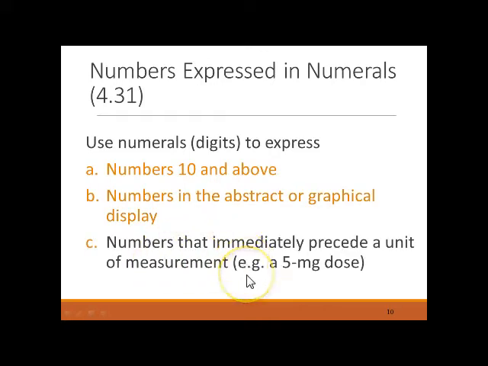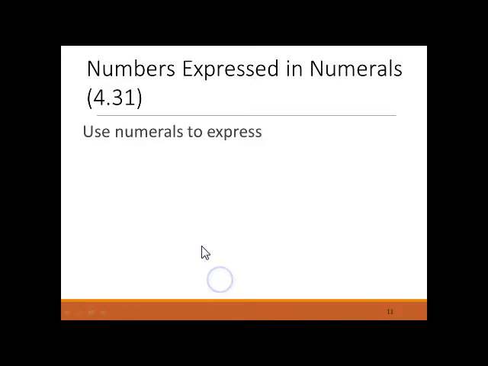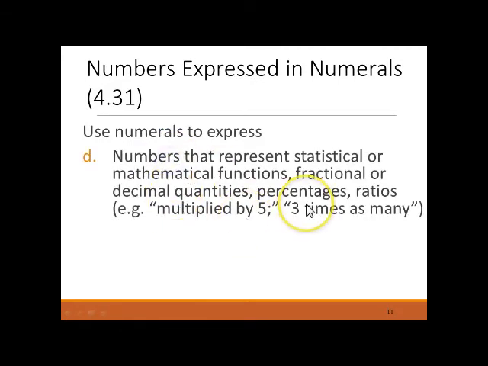Use digits for numbers that immediately precede a unit of measurement. The example here would be a 5 milligram dose, but we could say a 5 centimeter long piece of paper or something equivalent. Also, numbers that represent any kind of functions, either statistical functions, mathematical functions, fractional or decimal quantities, percentages, or ratios.